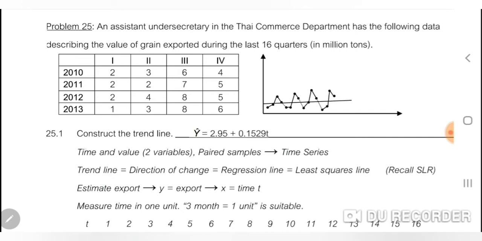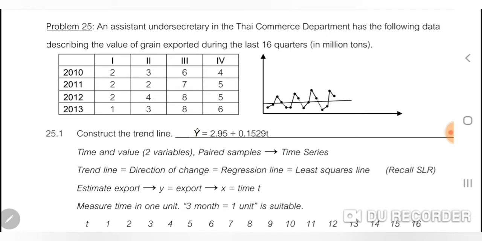Okay, the first question is construct the trend line. So, least squares line, time is the independent variable because we want to estimate value using time. Therefore, time is independent, value is y, dependent. And here time is recorded in year and quarter. Quarter means 3 months.